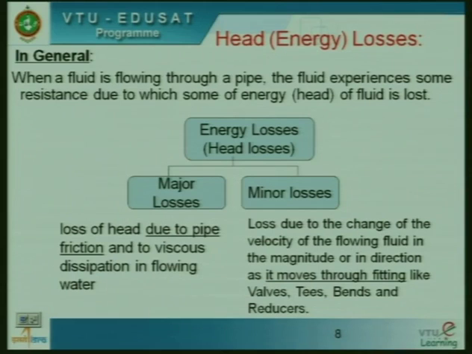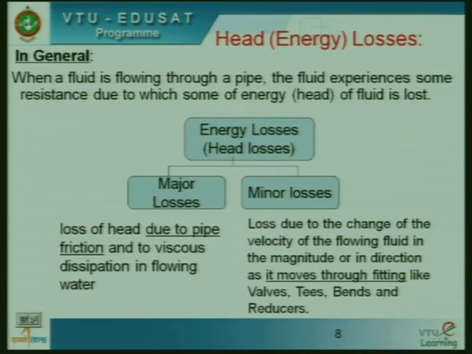The second type of minor loss is, suppose you are taking the flow in this direction, and you want to change the direction of flow, you want to put a bend. Whenever you put a bend, naturally there will be some loss. So, that is another point where we encounter this loss. Then the third one is, suppose there is an obstruction in the flow field, inside the pipe.